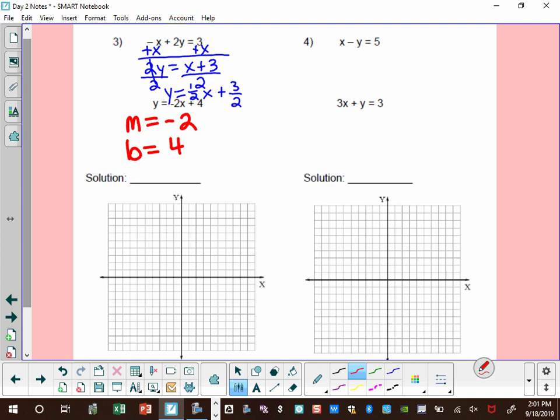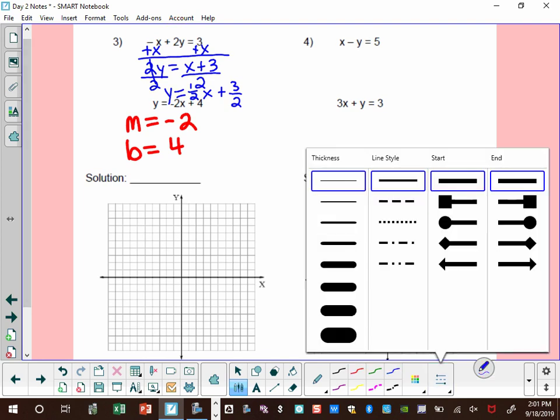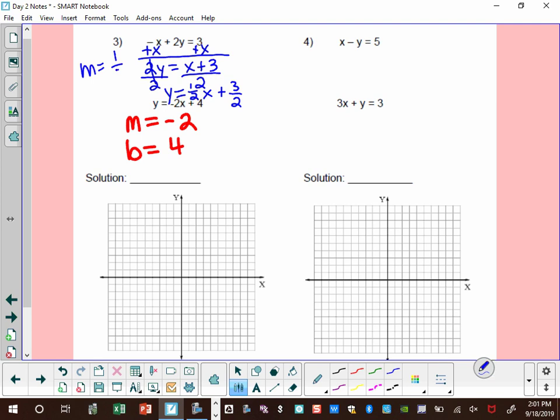Okay, so here's what I want you guys to do. If you're looking at your first equation up here, your m was 1/2, and your b is basically 1.5. They gave us a fraction, 3 over 2, but we can still do this. 1.5 is going to be between 1 and 2.